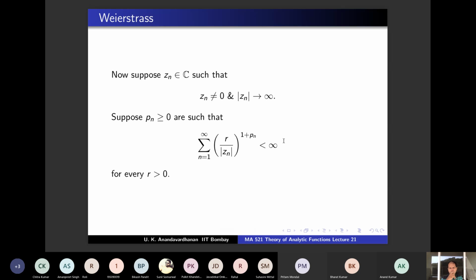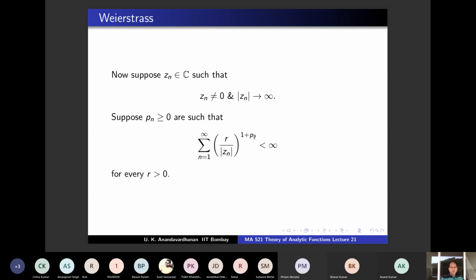And suppose you have natural numbers P_n, non-negative numbers, such that the summation is convergent for every R positive. So whatever R you take, summation n going from 1 to infinity of R by mod Z_n to the power 1 plus P_n converges. Such natural numbers exist. Suppose that is given to you.